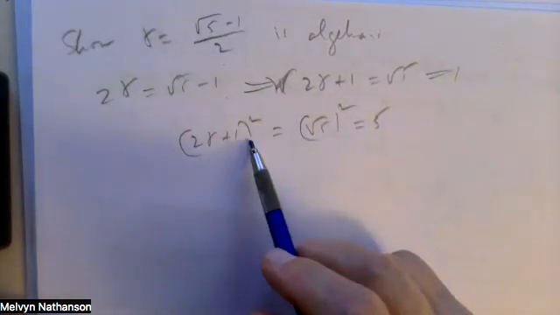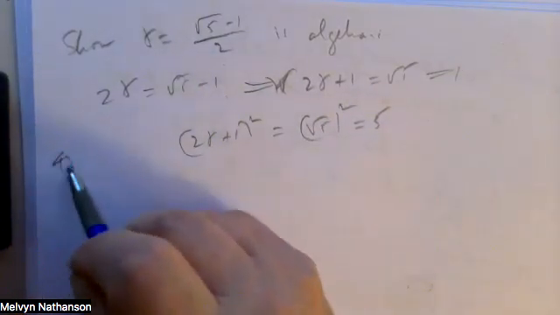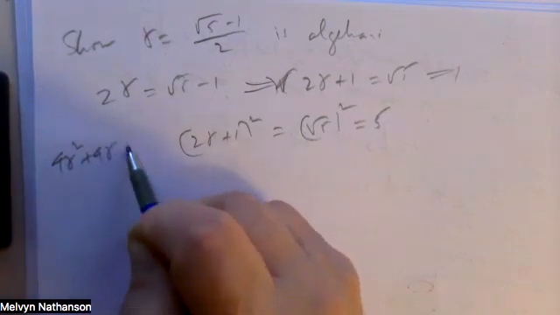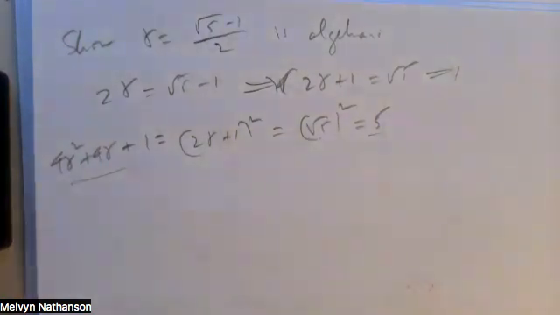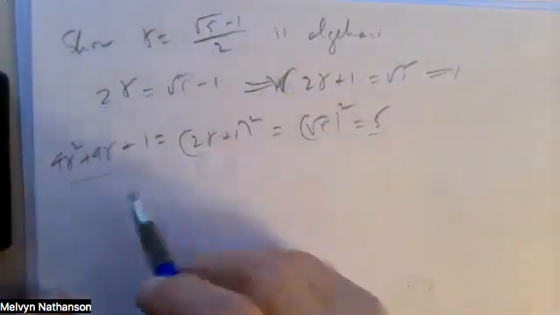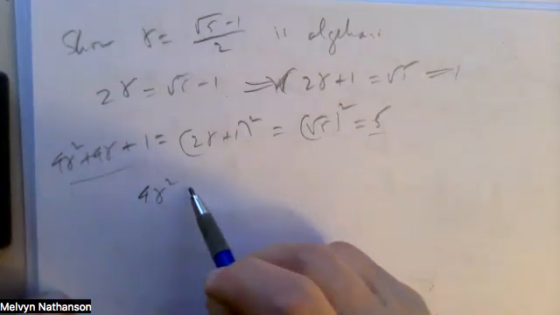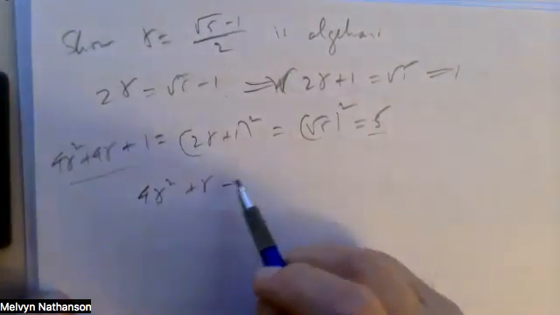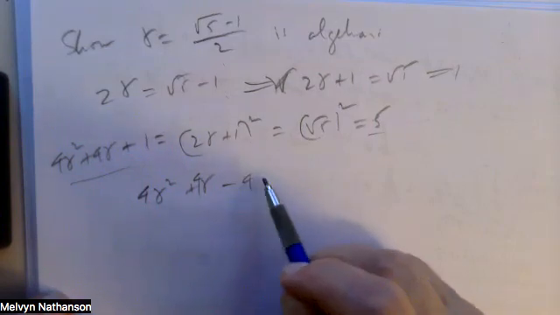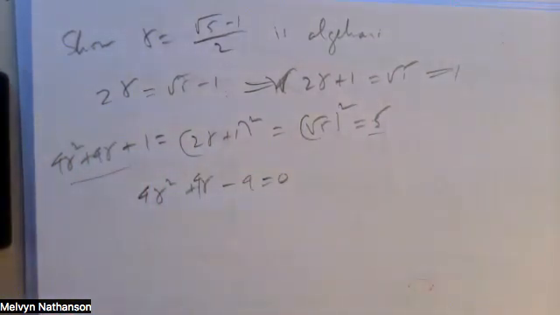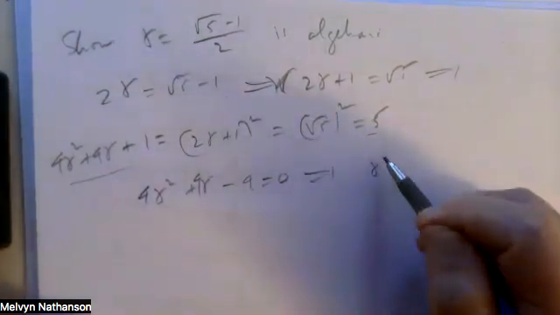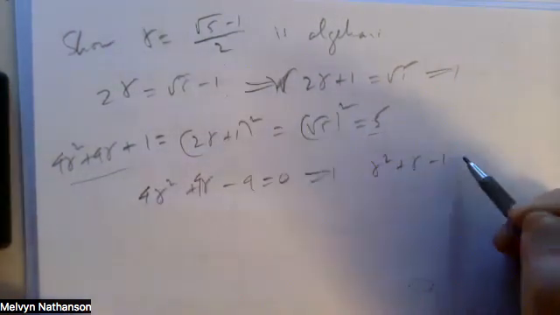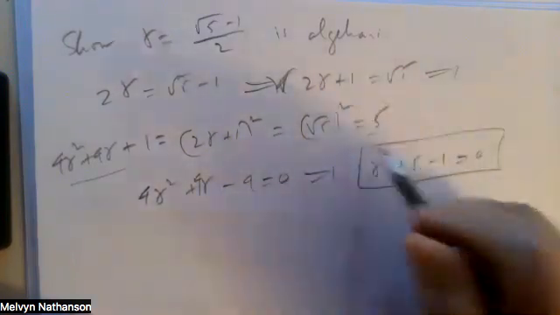And if I square 2 gamma plus 1, I get 4 gamma squared plus 4 gamma plus 1. So this equals this. So if I bring this from the right to the left, I get 4 gamma squared plus 4 gamma minus 4 is 0. If I want to simplify, I can divide by 4. Gamma squared plus gamma minus 1 is 0.